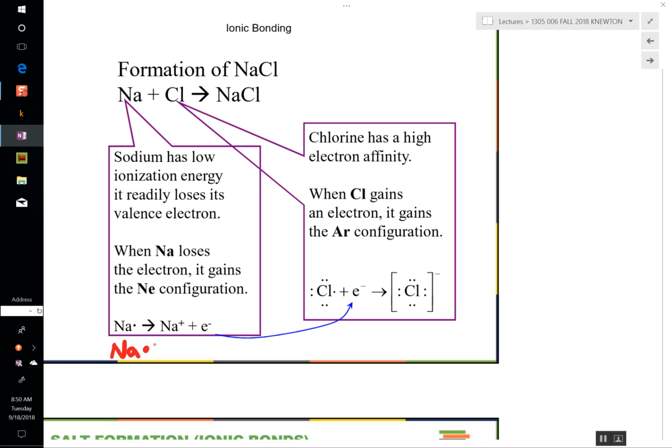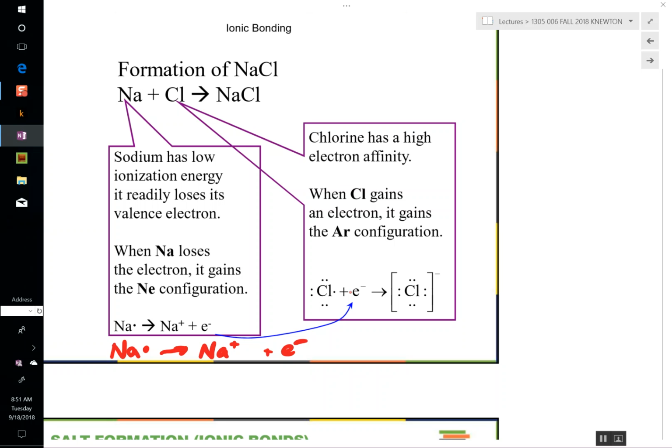Sodium happens to have one. So it loses that one electron, and it forms a sodium plus one ion. That electron is transferred to a chlorine atom, and it forms a chloride ion.